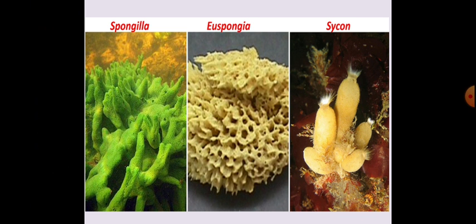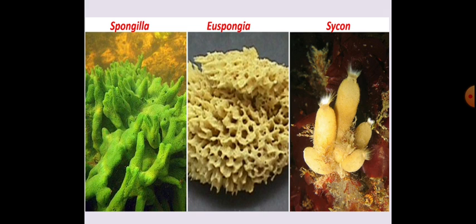So these are the examples of sponges belonging to phylum Porifera, commonly called sponges. Spongilla is a freshwater sponge, Euspongia is a bath sponge, and Sycon is commonly called Scypha.